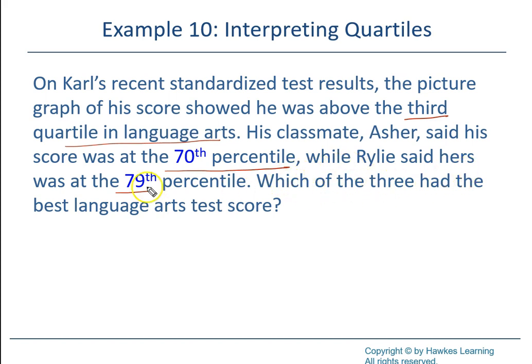Which of the three had the best language arts score? Well, you know, this person didn't, but this was above the third. This was above the 75%, so this was above the third, but we don't know particularly where these two were.